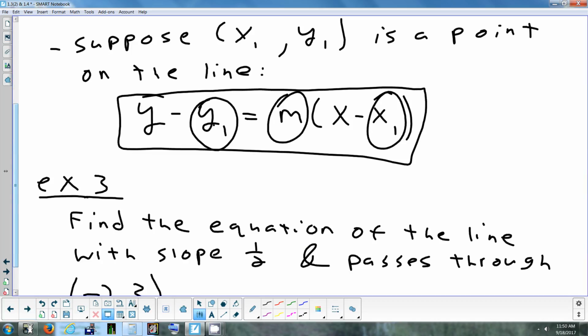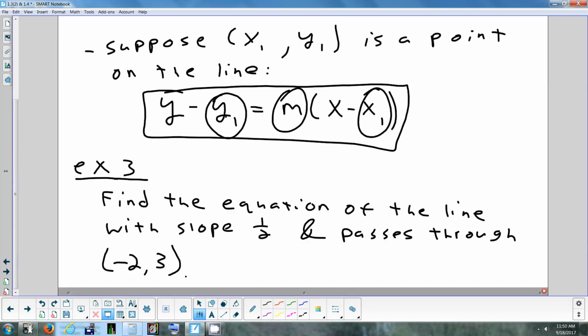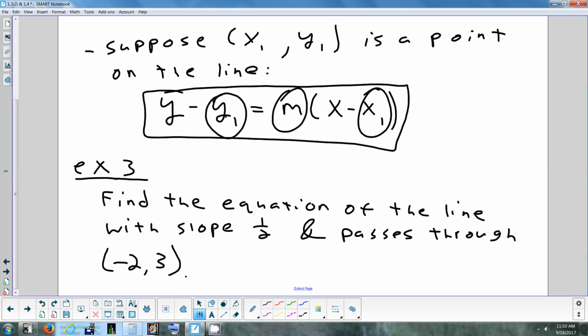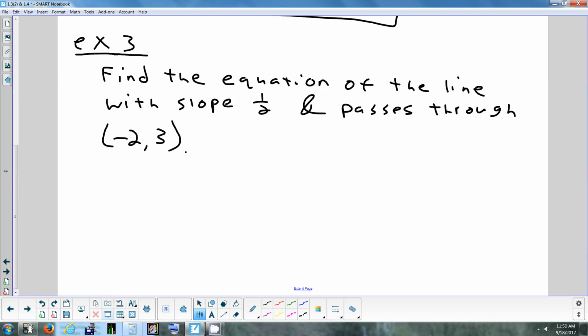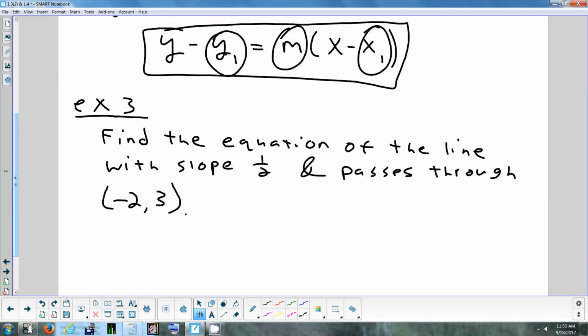So I want you to find the equation of a line where the slope is a half, and I want it to pass through the point negative 2, 3. Okay. How about David? What's m in this case? Yep, 1 over 2.